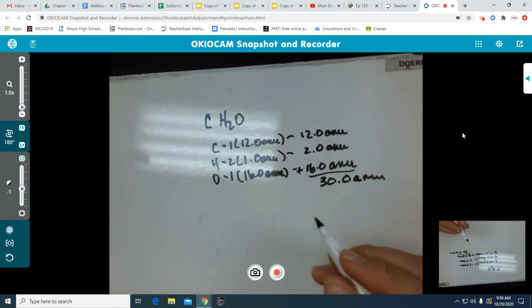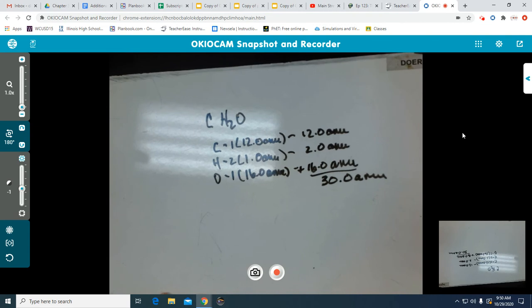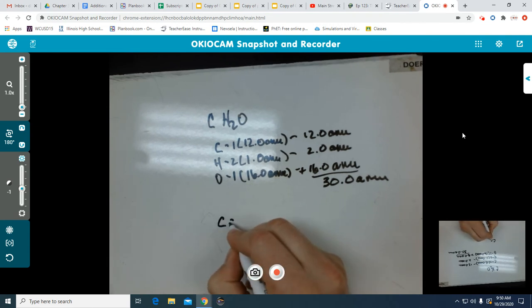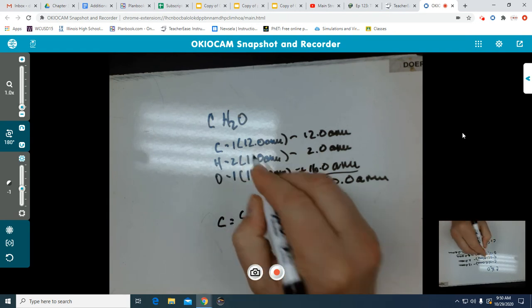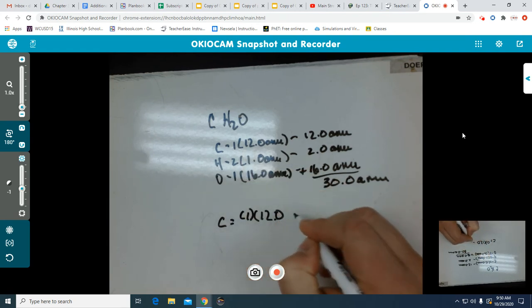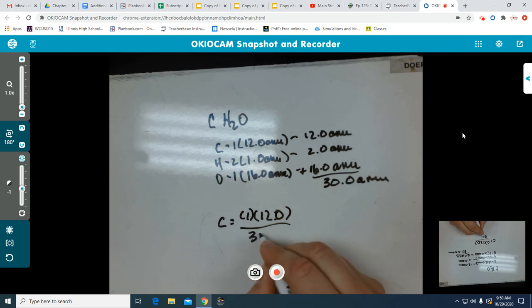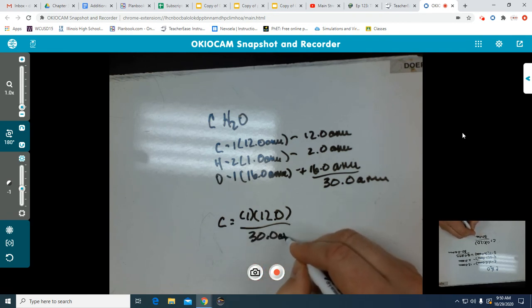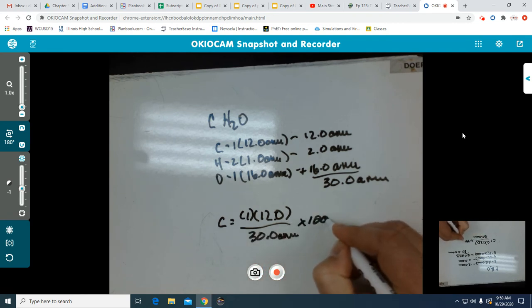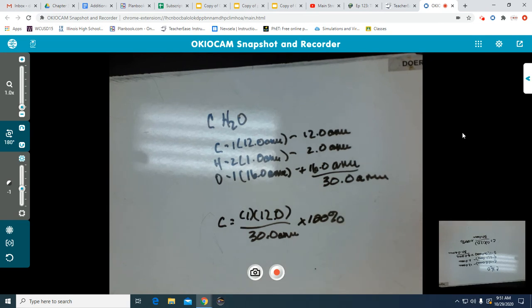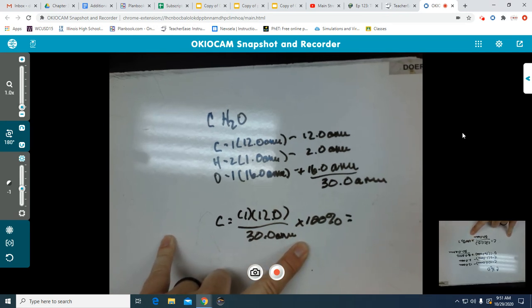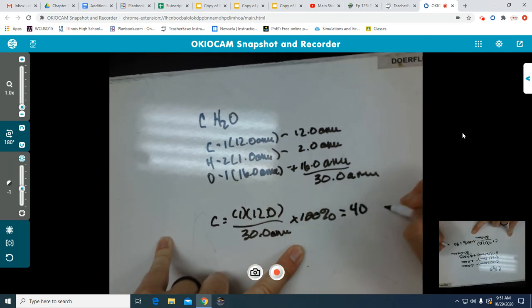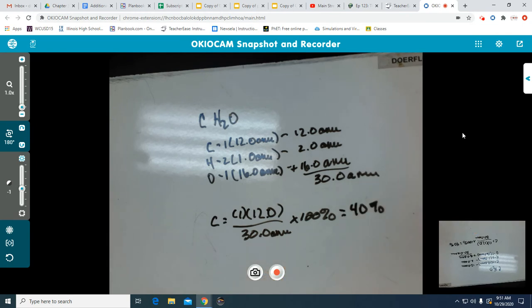So now let's go ahead and determine the percent composition of each element. So carbon, there's 1 present, multiplied by 12.0, divided by 30.0. Again, these are AMU. I'm just kind of doing a shortcut right now. When you put it in your calculator, 1 times 12 divided by 30, multiplied by 100%, you find that carbon gives us 40% of the overall mass.